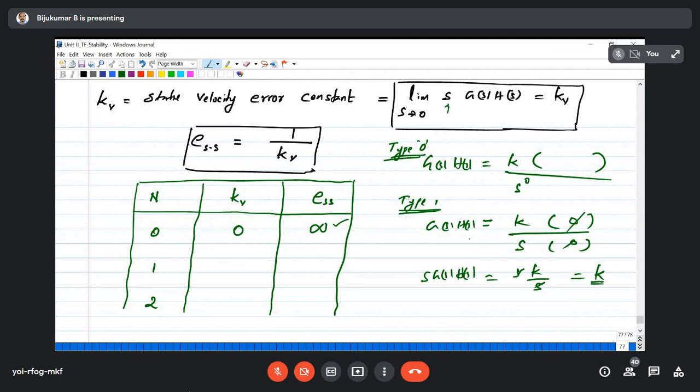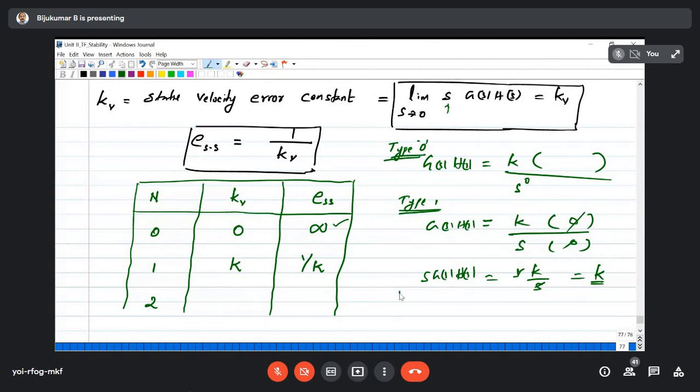Finally, you will get k. So we get Kv as k, and the steady state error becomes 1 by k. Here you can see that the steady state error depends upon the open loop gain k. If k is large, we can reduce the steady state error, but in practical cases we cannot say that so simply. It depends upon the system.